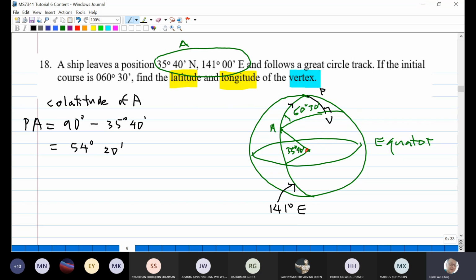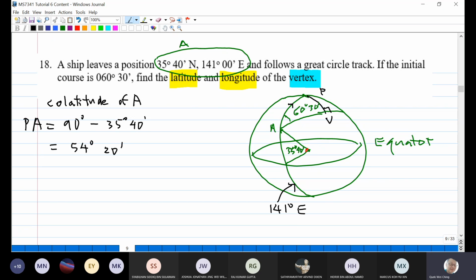V is what we don't know, so you're going to find out. So far we know the angle A is 60 degrees 30 minutes.